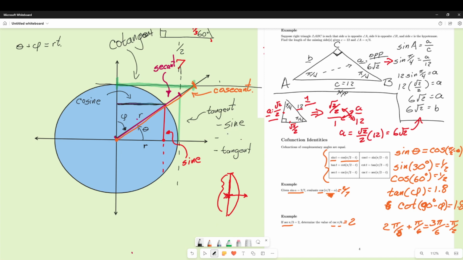Remember, the secant is 1 over the cosine, and since it's easier to work with the cosine, these became our three primaries, even though they weren't historically our original three. But that's got some other interesting history to it. So, a little bit of vocabulary, a little bit of perspective. See if that helps you out.